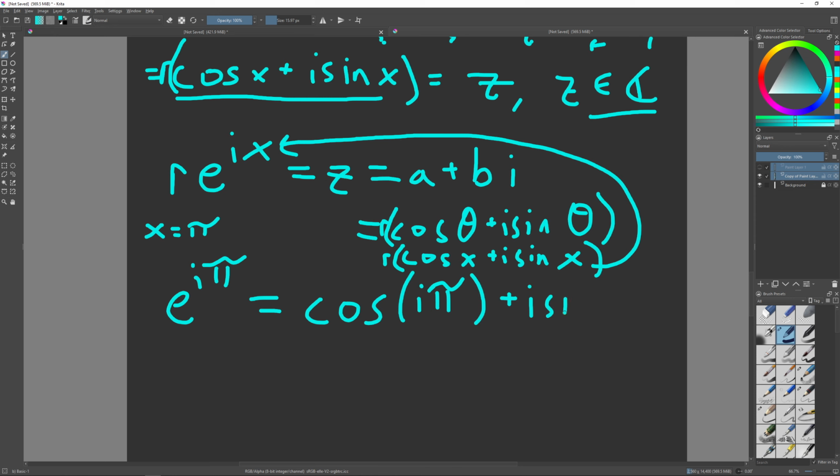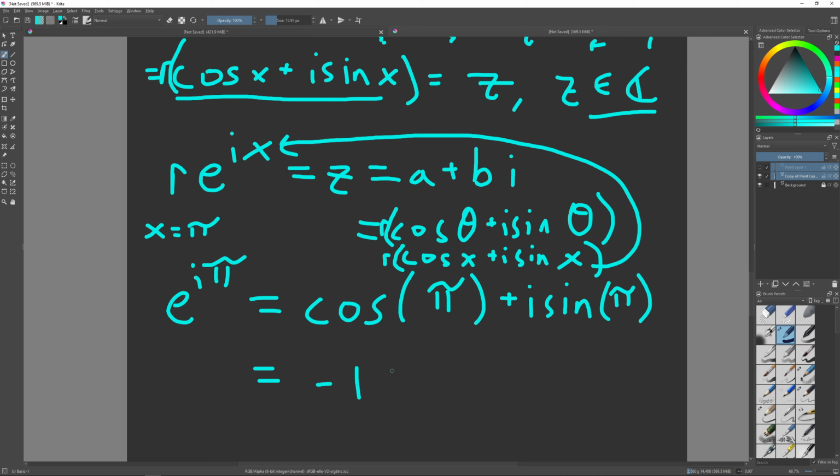So i times sine of... okay, hold on. There's lots of room to make mistakes here. This should just be i pi. Yeah, I hope that's right. And so cosine of pi is -1.